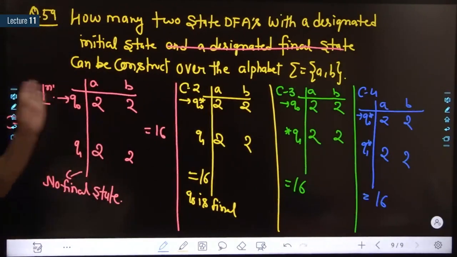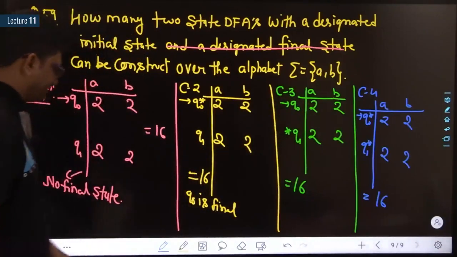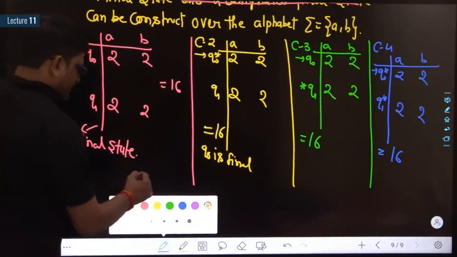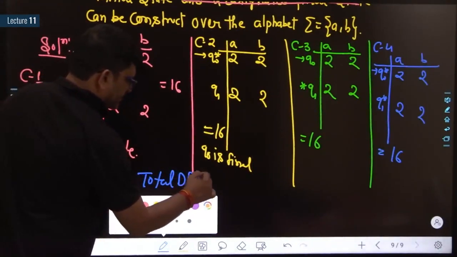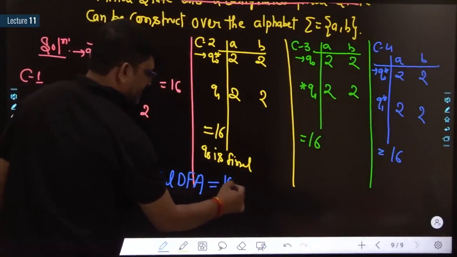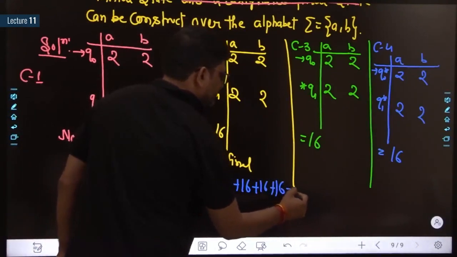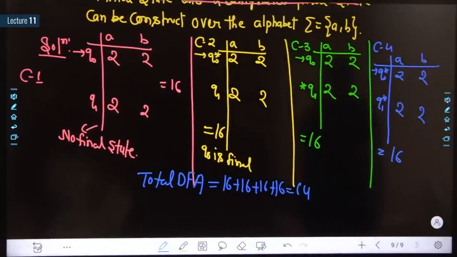Then the total number of DFAs that satisfy this condition equals 16 plus 16 plus 16 plus 16 equal to 64. Clear? Now please check this.